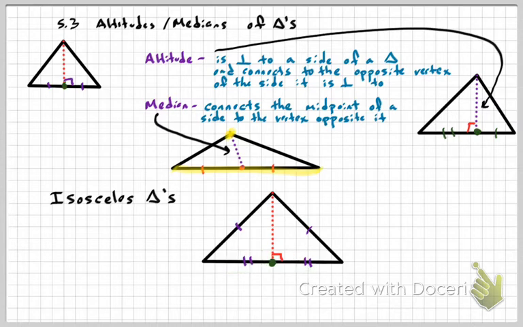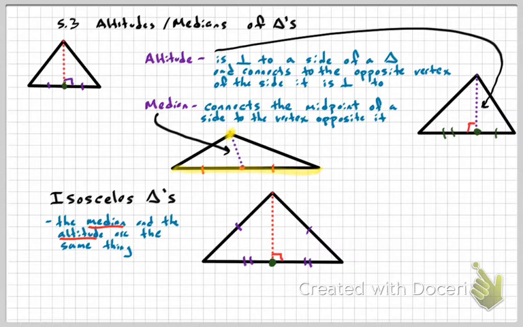And so notice that that altitude is perpendicular to our bottom yellow line, and it's also connecting to our opposite vertex. So it's kind of like two birds, one stone with an isosceles triangle. So the median and the altitude are the exact same thing in an isosceles triangle, all right?